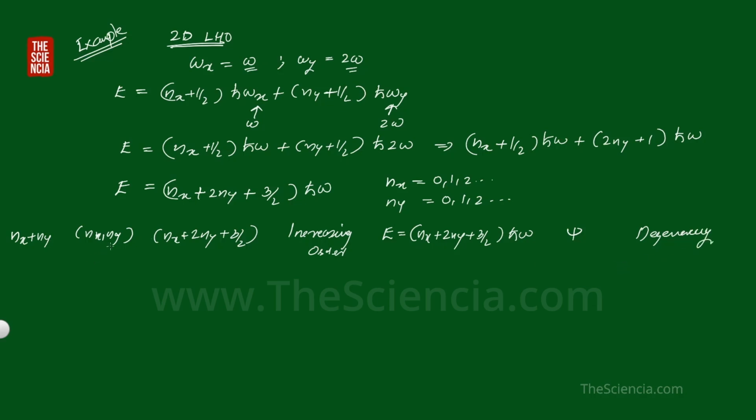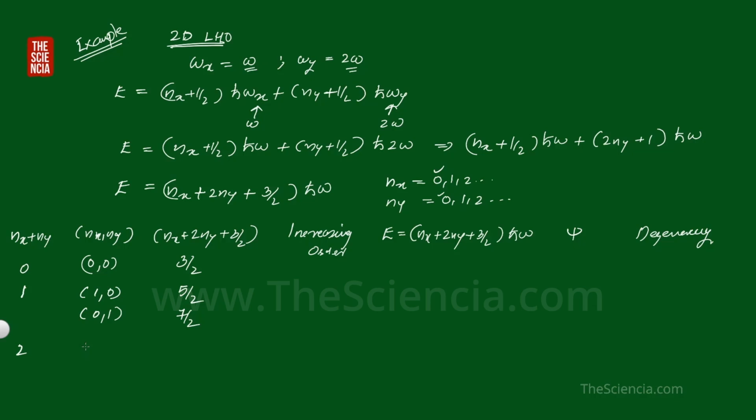Okay, so first combination. First I'm taking nx equal to 0, ny equal to 0. That is 0. So the combination is 0, 0, and this will be 3 by 2. Next combination is nx plus ny equal to 1. So first I'm taking nx 1, ny 0, that is 1 plus 3 by 2, 5 by 2. Next I'm taking 0, 1. For 0, 1, nx is 0, ny is 1, therefore 2 plus 3 by 2, that is 7 by 2. Then next higher state is nx plus ny equal to 2.